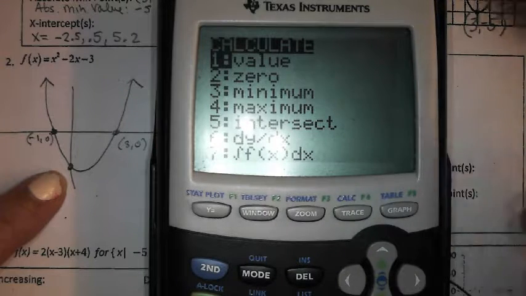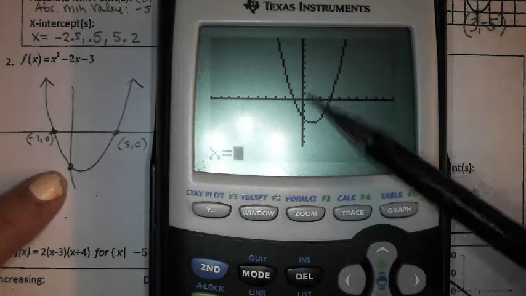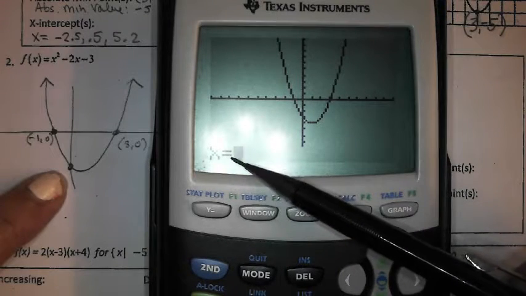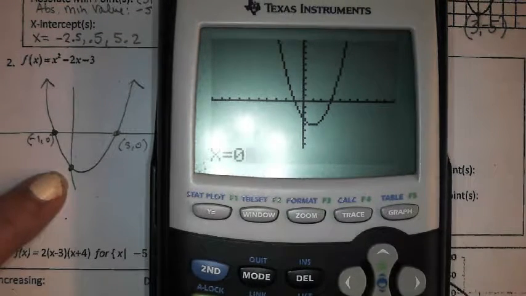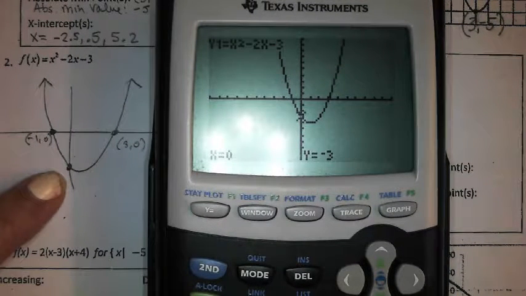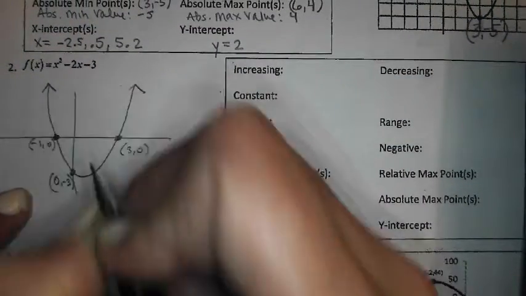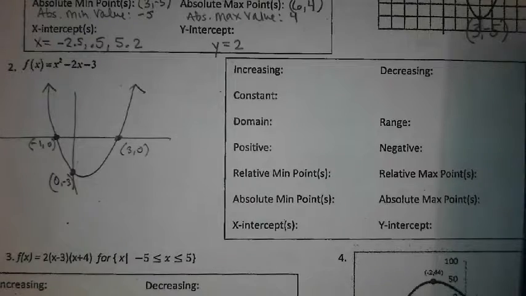It's actually option 1, value. You can do this not just for the y-intercept, but for anything. If you want to say what your x-coordinate is, we want an x-coordinate of 0, and hit enter, it will give us the y-coordinate that goes along with whatever x we plug in. So 0, -3.